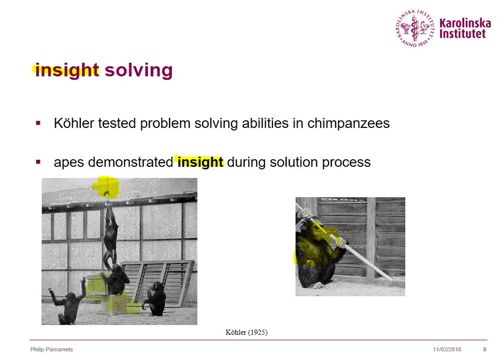And of course, already here you can see the large difference in this approach compared to a learning theory approach. And then suddenly, the chimpanzees would either stack the boxes or take the sticks and put them together and solve the problem in one go. And this radical reorganization of the problem space is what Köhler called insight.